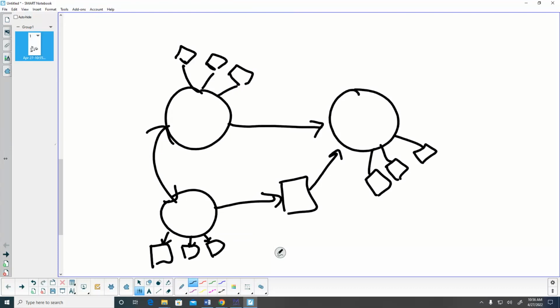Is the structural part just identified? No, it's not. Why not? Because I don't have anything going from there to there, and I don't have anything going from there to there. Now is it just identified? I think so, right?